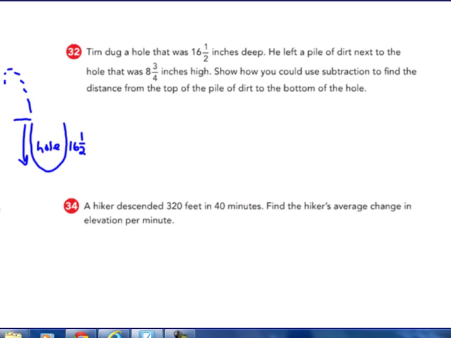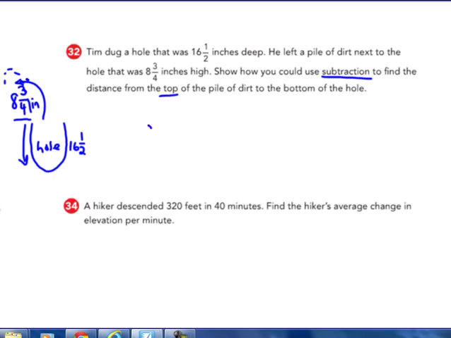It was now 8 3/4 inches. I want to draw that to scale. 8 3/4 inches high. He's taking a shovel, digging it out, and throwing it up over here. So 8 3/4 inches high is where the dirt is sitting next to it. Show how you could use subtraction to find the distance from the top of the pile of the dirt.